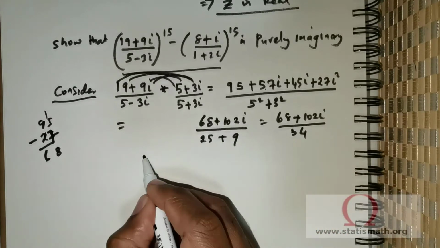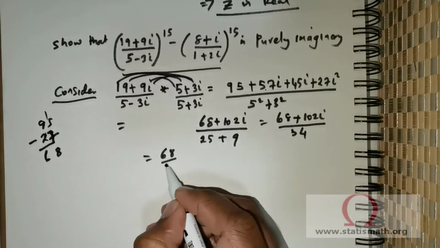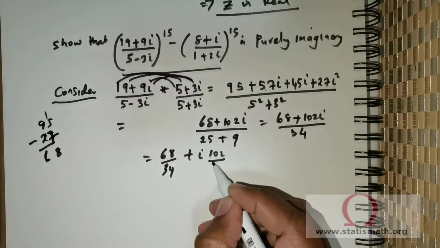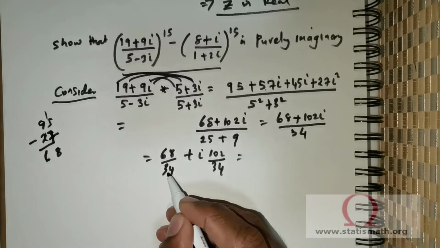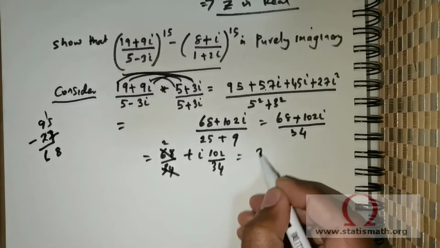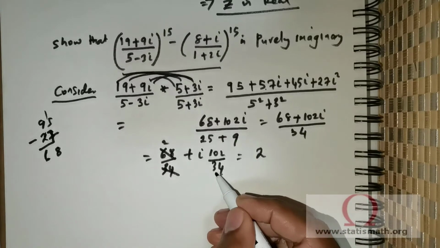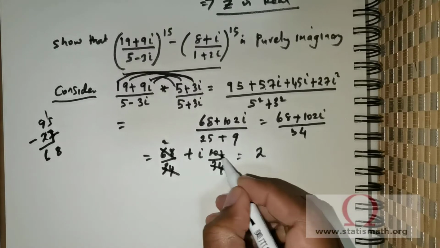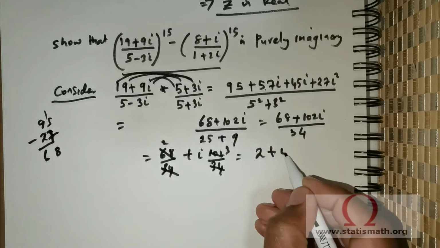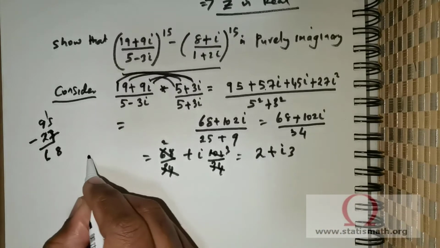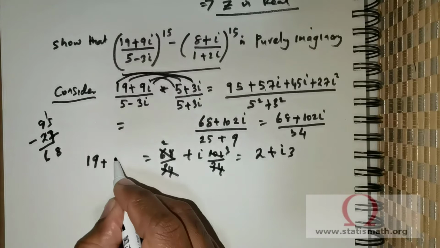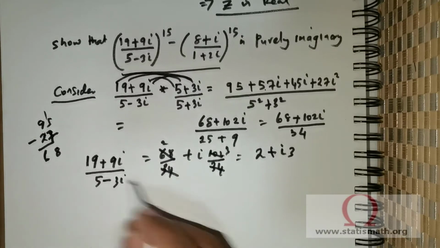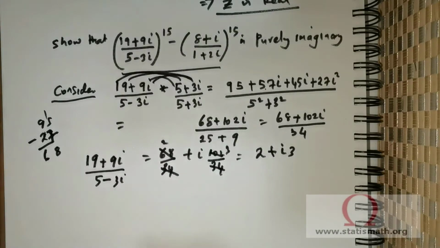Now I can rewrite this as 68 divided by 34 plus i times 102 divided by 34. 34 divides 68 2 times, and 34 divides 102 3 times. So positive i times 3. So for the term (19 + 9i)/(5 − 3i), this is what we have got. Now we have to consider the other part.